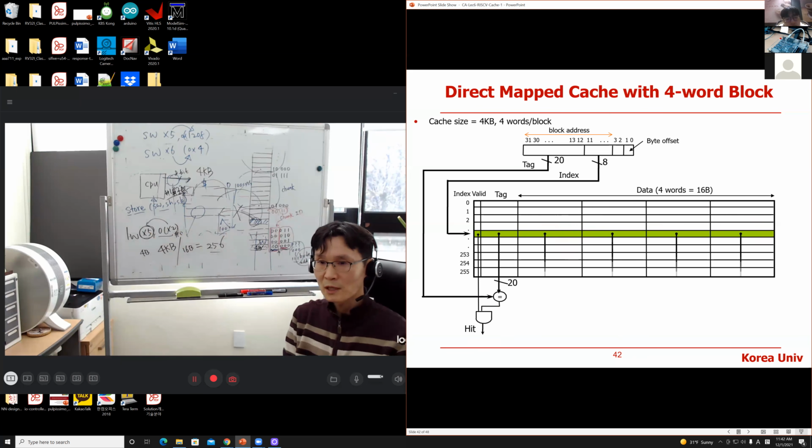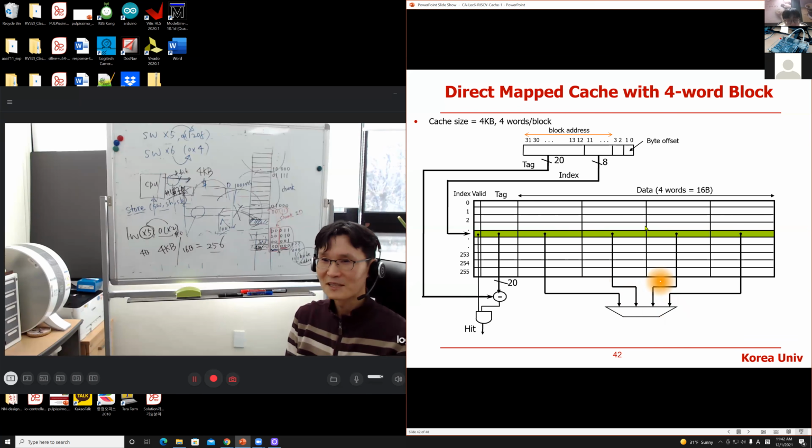The data comes out going through a multiplexer, and a multiplexer needs a selection signal. Who is providing the selection?